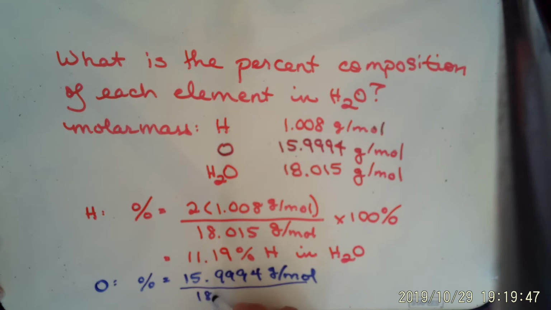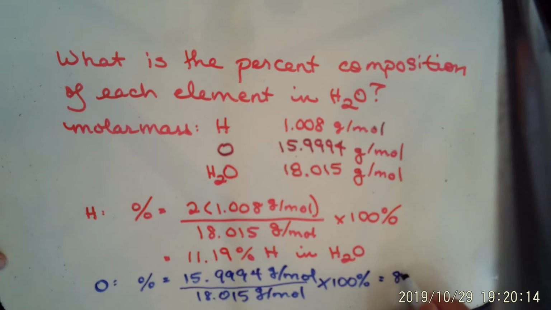Divided again by the 18.015 grams per mole, times 100%. This is 5 significant figures, and this is 6, so we're going to go with 5, and that's 88.812% oxygen in water.